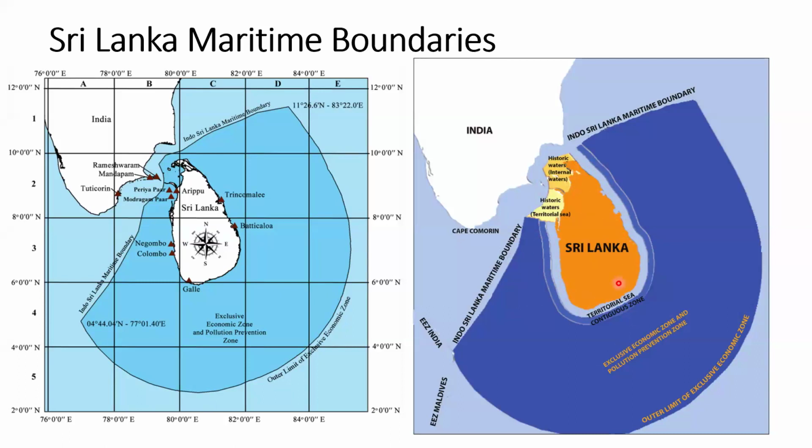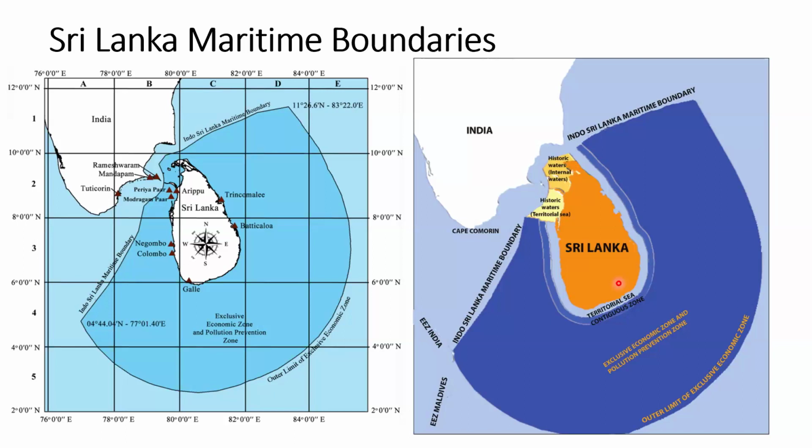I am not asking you to memorize all the things, but just get the idea. Whatever coastal belt is very near to the mainland is called the territorial sea. Then the contiguous zone and the exclusive economic zone. The exclusive economic zone includes the territorial sea and contiguous zone as well.